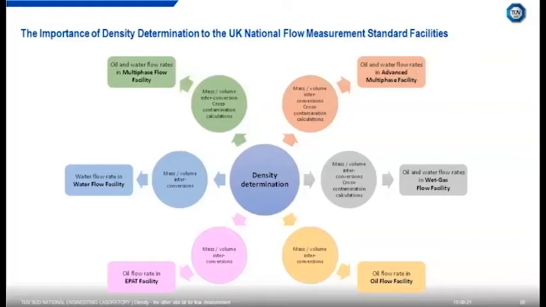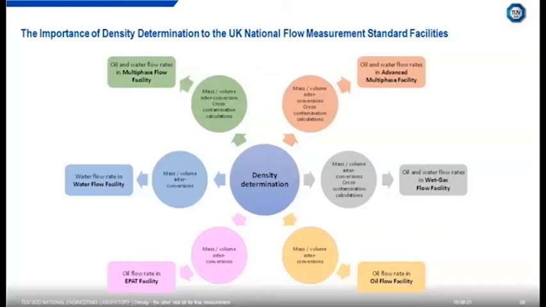In the water flow facility just above that, and in the oil flow facility at the bottom right, it's again used because we have primary gravimetric flow measurement systems and secondary volumetric flow measurement systems, so we need density to interconvert. It's similarly used in our multiphase facility and wet gas facility, and will be in the new advanced multiphase facility.